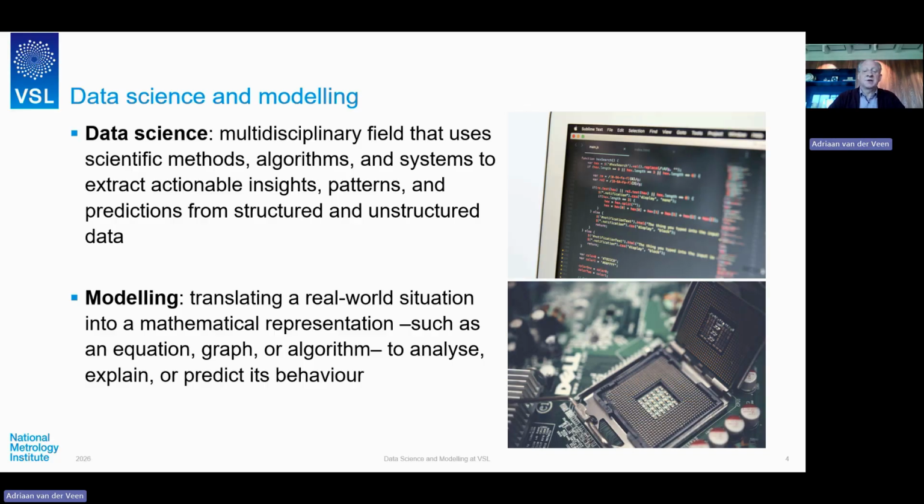That is translating a real-world situation into a mathematical representation. And let's say at the bottom of practically every measurement that we encounter in our lives, there is some model underneath, and that is used to generate the measurement results and also a vehicle to evaluate measurement uncertainty.